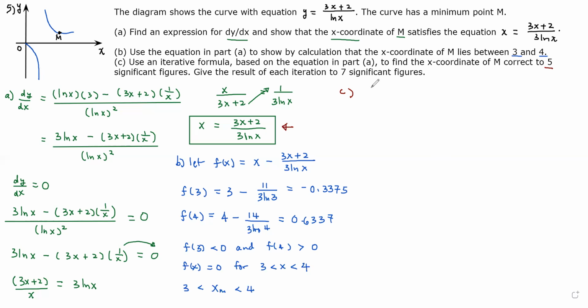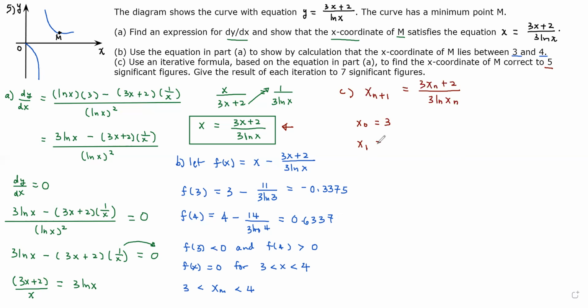So from this equation, we set x sub n plus 1 equals (3 x sub n plus 2) over 3 ln x sub n. The starting value, we could either use 3 or 4, but 3 is closer to 0 than 4, so we could let x naught be 3.